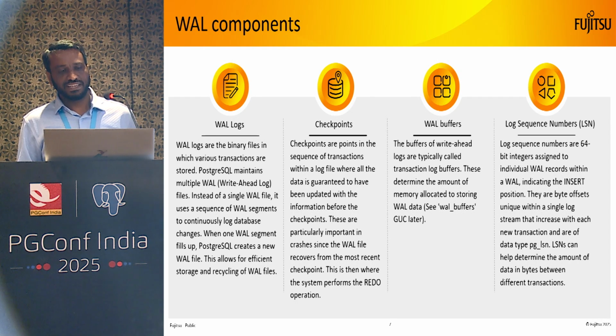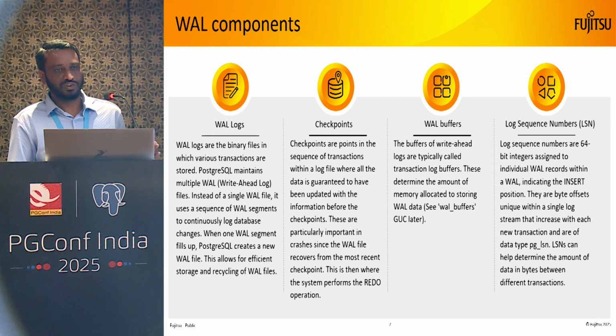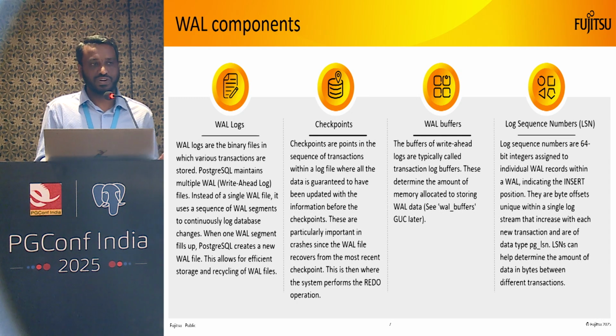Next, we have four important components in WAL: WAL logs, checkpoints, WAL buffers, and log sequence number. As I told you in the previous slide, we write the WAL buffer contents to the WAL log file. These are called WAL logs. These are WAL segment files present in the pg_wal directory.